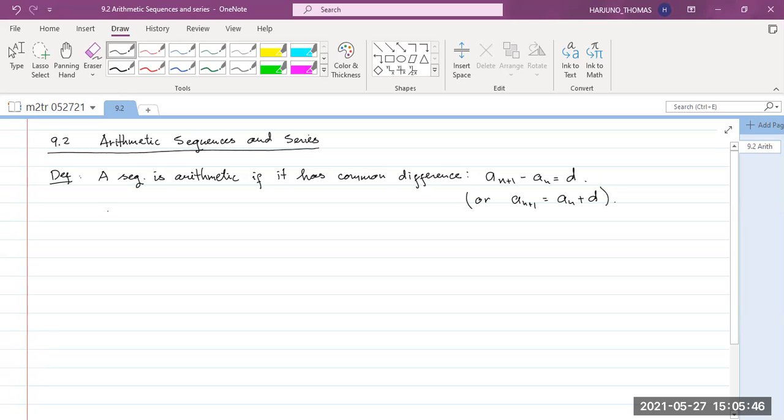So pictorially, if you try to imagine that, from the first term to the second term you add d. The second term to the third term, you add d again, and so on and so forth.